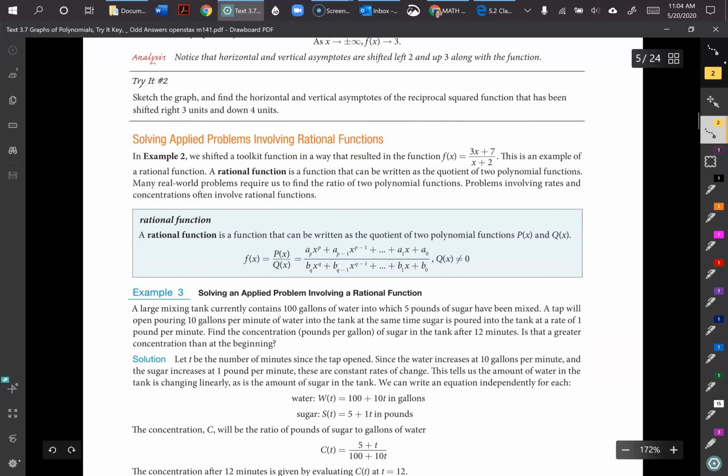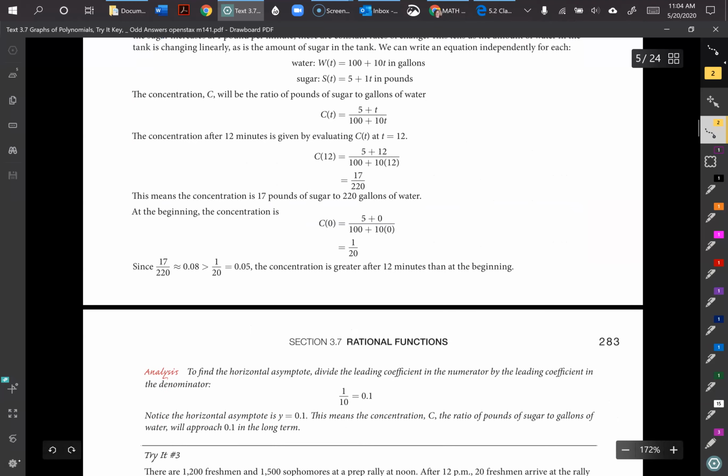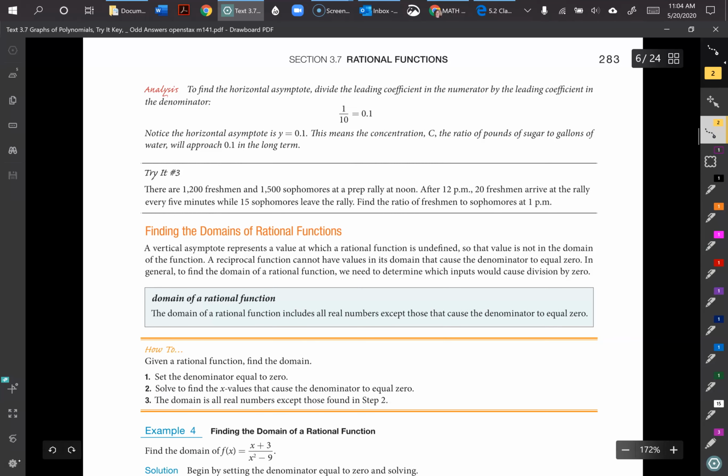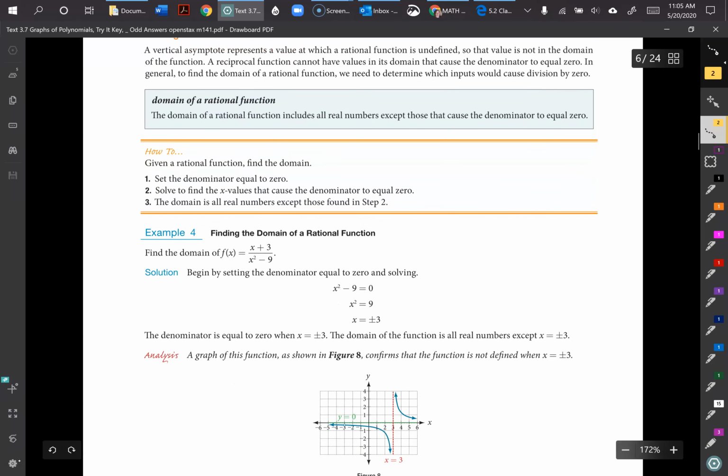That's what makes it rational. You've probably read through all this, and the domain of a rational includes all real numbers except those that cause the denominator to be 0. So we really need to exclude those and be careful, and that will be our vertical asymptotes, where we cannot have a point there. It's going to approach.